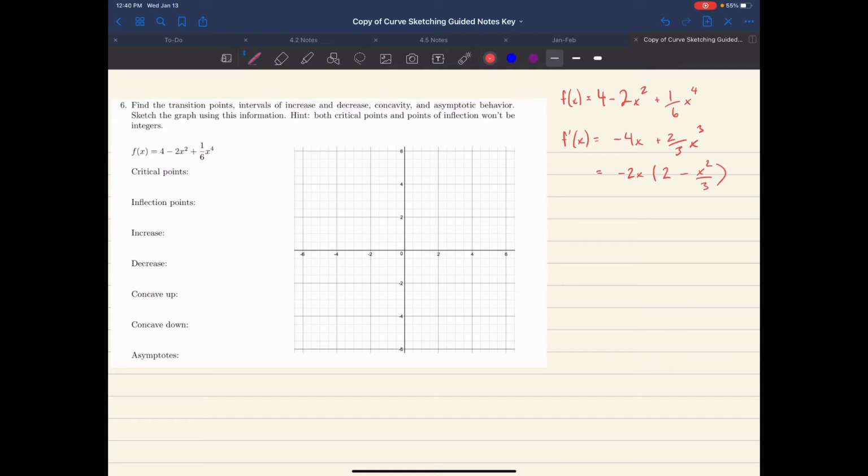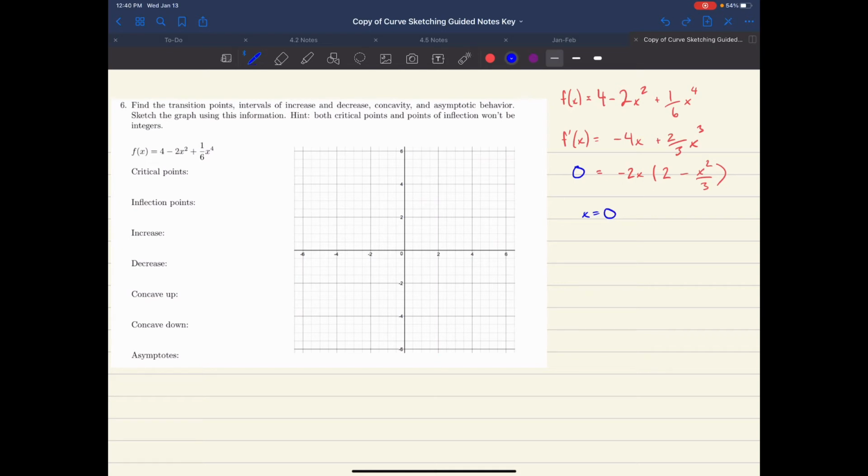Okay, so let's just work with that one first since we're there. We have to find the critical points anyway. So what I'll do is set that to 0. So f prime of x equals 0 when x is 0, that's from this part.